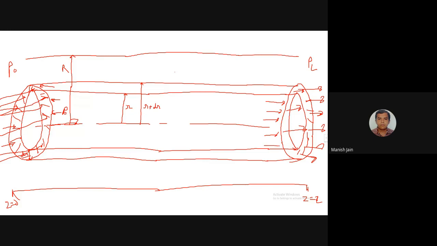Pressure multiplied by surface area is the amount of force applied on the system.